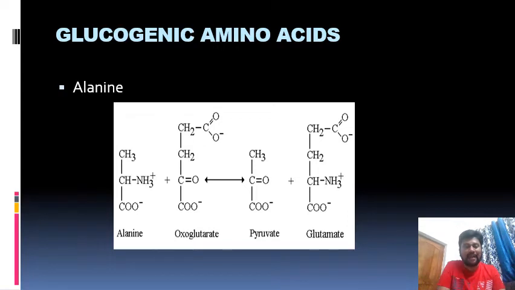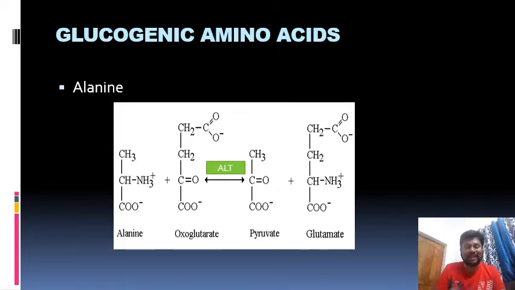The alanine, after losing its amino group, will be converted to its keto acid pyruvate. In the same reaction, alpha ketoglutarate will be converted to glutamate. So alanine, by transamination with the help of the enzyme alanine transaminase, will be converted to pyruvate, which is one of the glycolytic intermediates.